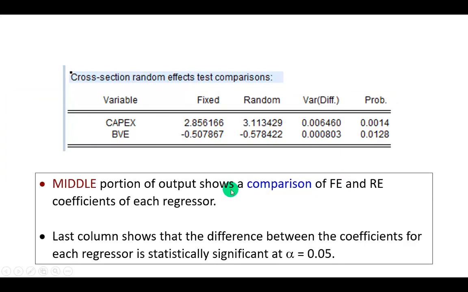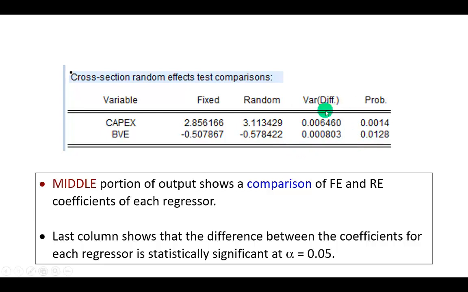The middle portion shows a comparison of fixed effects and random effects coefficients of each of the regressors. And you can see here that although the coefficient signs are identical, the values of the coefficients are a bit different. And this is a confirmation, this test, that the differences are statistically significant.